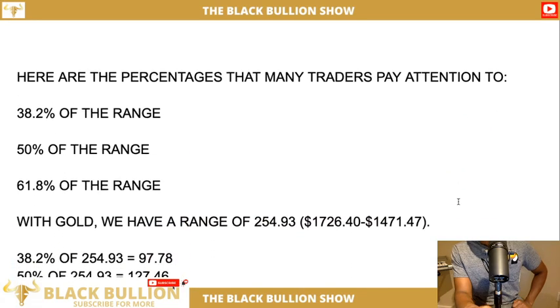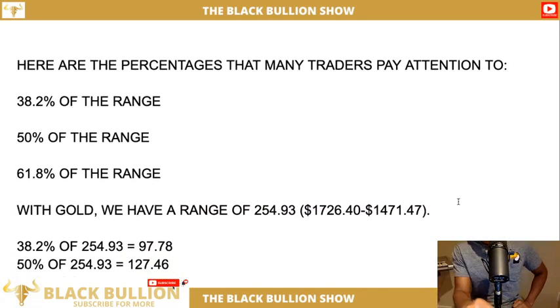Here are the percentages, i.e., peaks and troughs, that many traders pay attention to. 38.2% of the range, 50% of the range, and 61.8% of the range. With gold, we have a range of 254.93. How do we get that? Remember, we subtract the low from the high in the range that we chose.